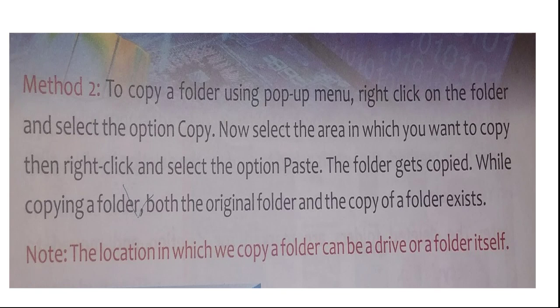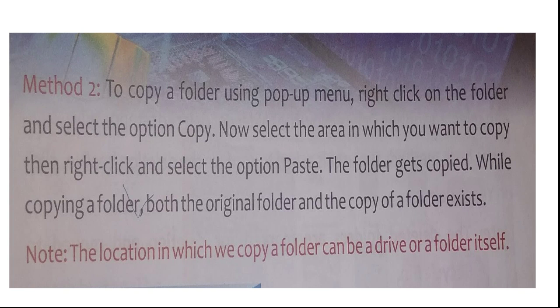Then the second method is using the pop-up menu: right click on the folder and select the option called copy. Suppose I want a file to be copied to some other place, then I'll just right click on the folder. There will be an option called copy. I will select it.